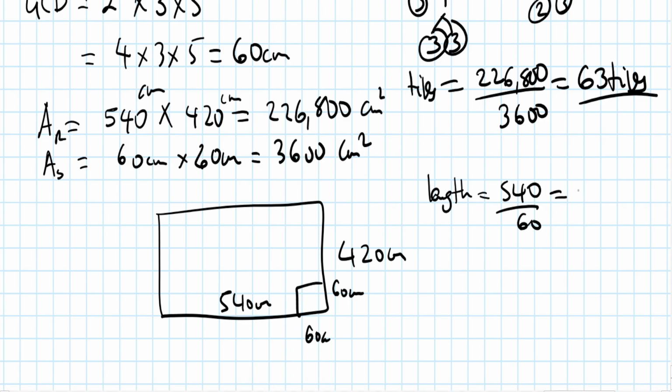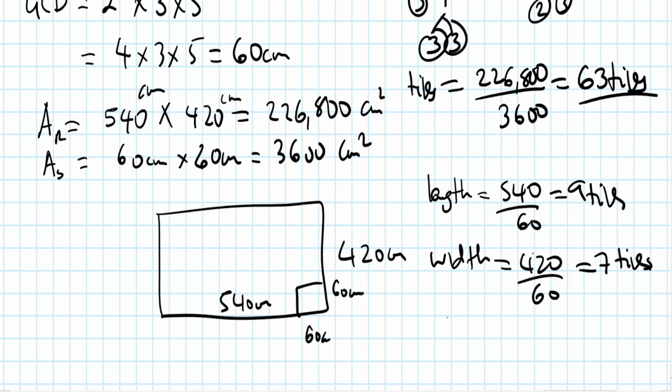So you have 9 tiles lengthwise. Then widthwise, how many tiles do you have? You take 420 divided by 60, which will give you 7 tiles. And then finally, if you want the number of tiles in that whole rectangle, you take 9 times 7, which will give you 63 tiles.